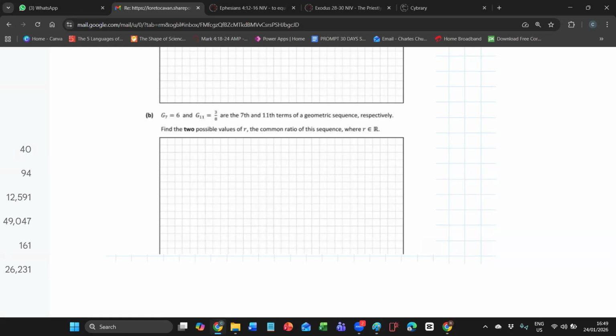Find the two possible values of R, the common ratio of this sequence, where R is an element of real numbers. Okay, so it looks to me that we're going to come up with a quadratic equation, since they're saying we should find the two possible values. All right, so let's do this.